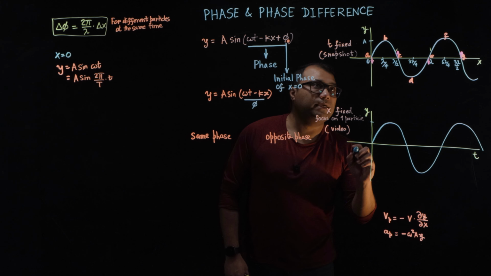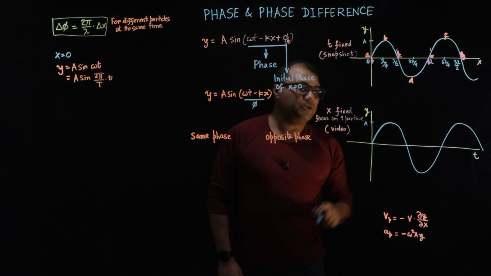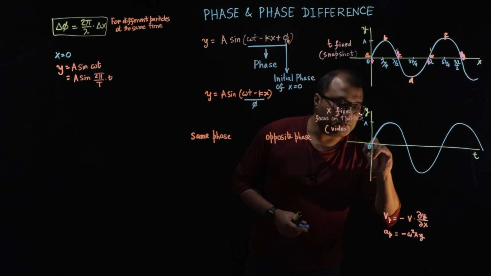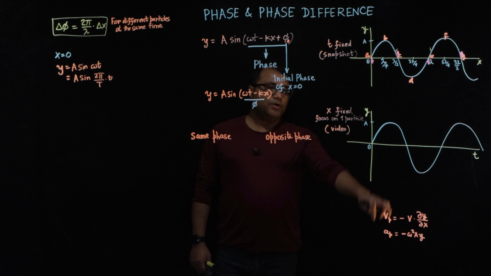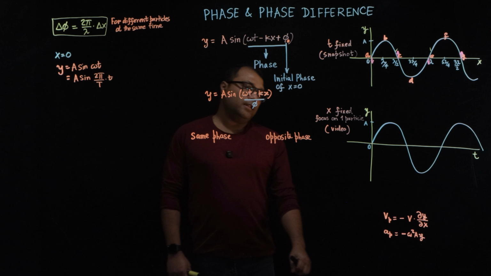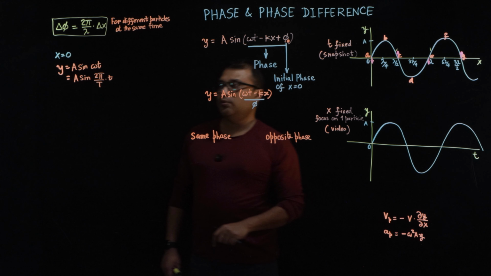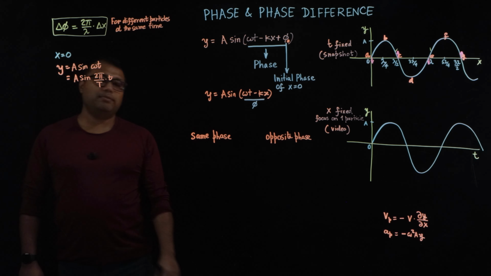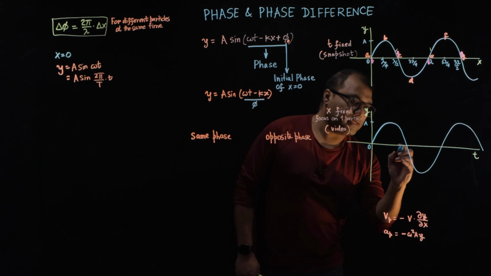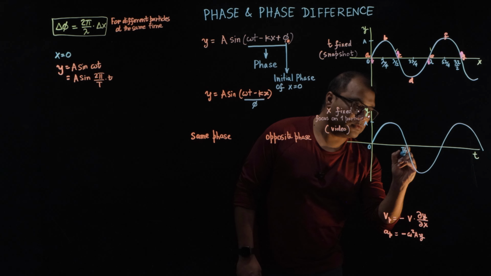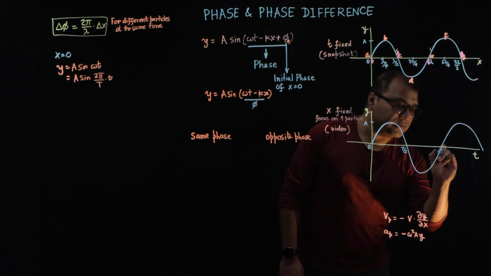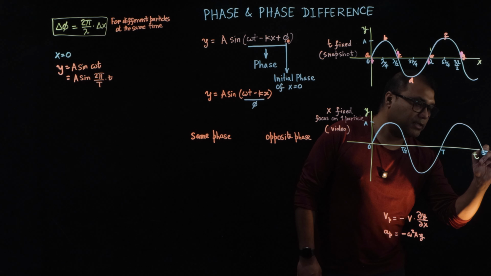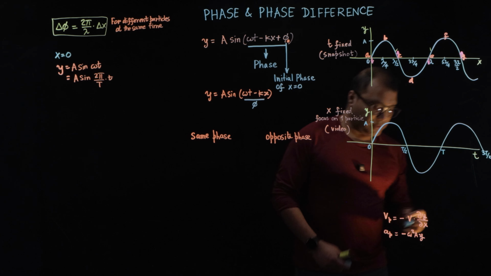So this is again maximum amplitude is A. This is at time t equals 0. At what time will sine be 0 again? So sine will be 0 at pi, so at T by 2. So this is at T by 2 it is 0. Again at T it is 0. Again at 3T by 2 it's 0.